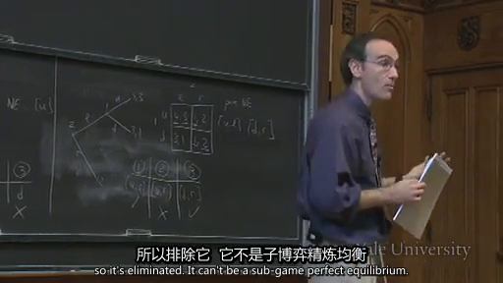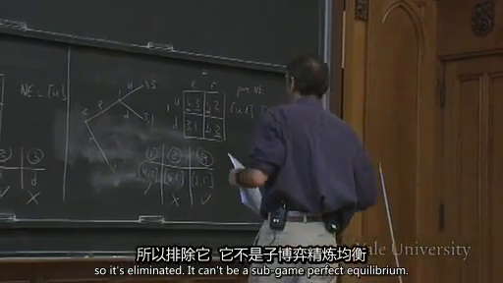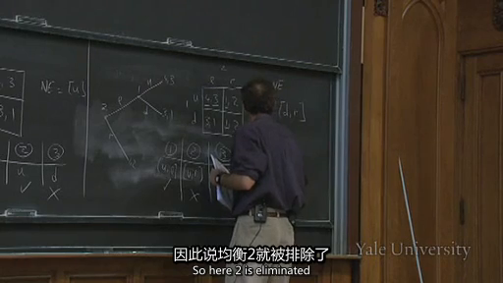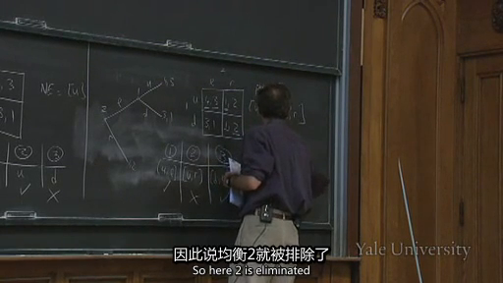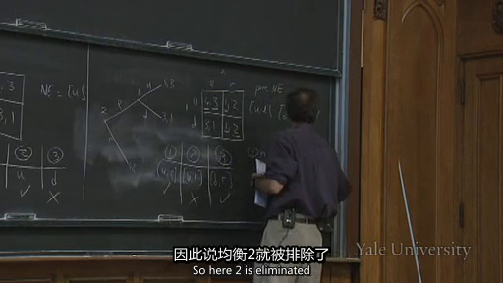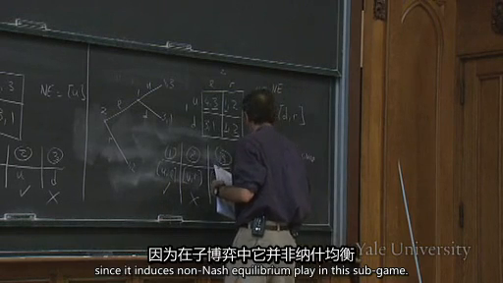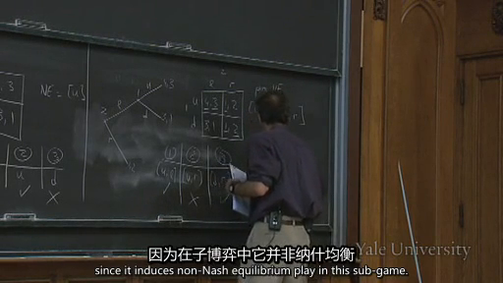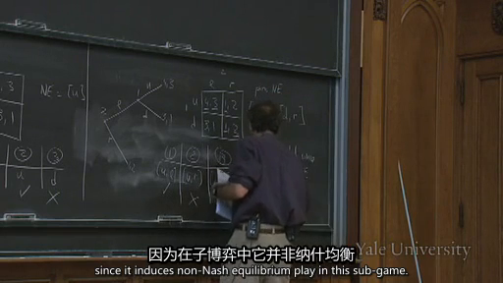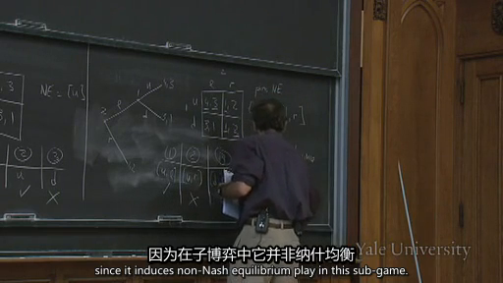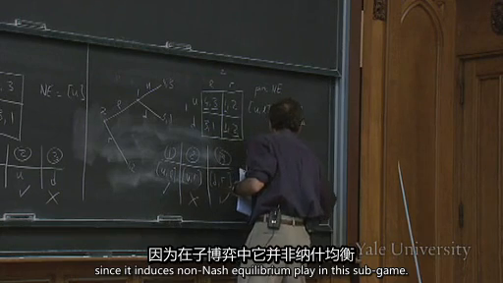So it's eliminated. It can't be a subgame perfect equilibrium. So here, 2 is eliminated since it induces non-Nash equilibrium play in this subgame.